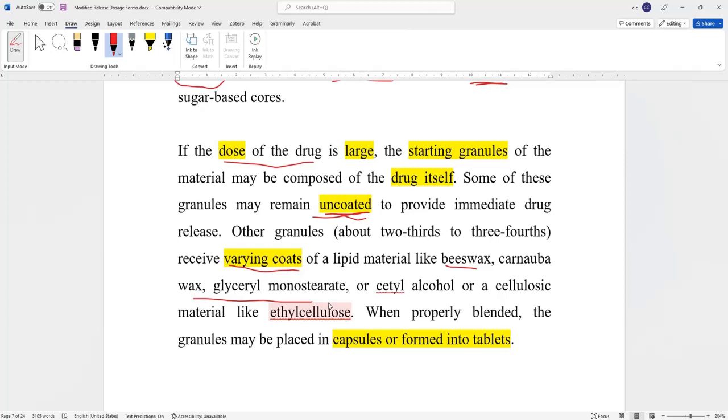These materials actually will retard. They will not allow these granules to dissolve easily, so they will take longer time.